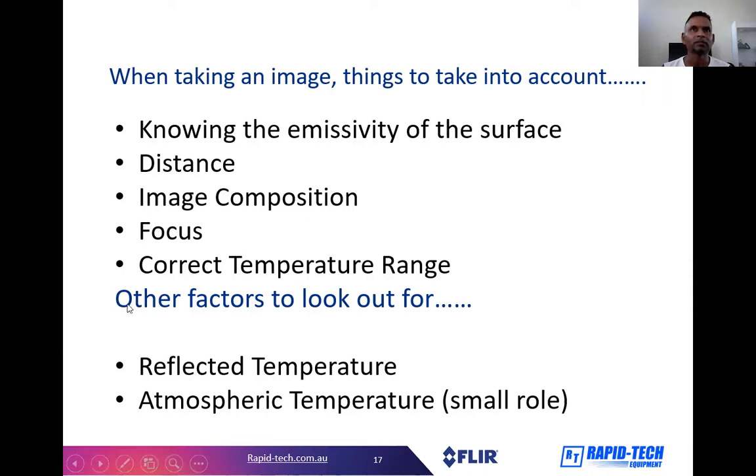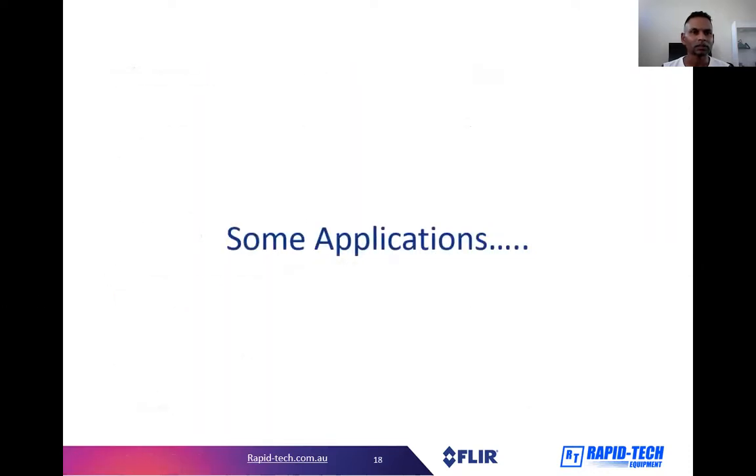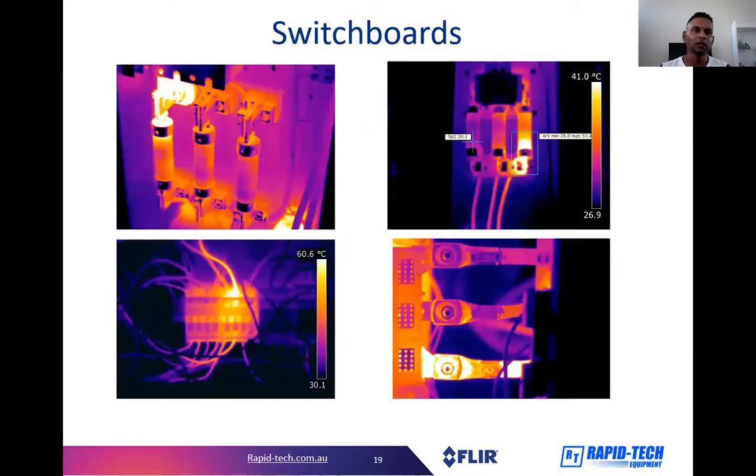So if we go to the next slide, I'm just going to go through some of the main applications. Thermal images can be used in a lot of applications, and there are always new ones that we come across every year. The main application, which pretty much started thermography, was electrical applications, used in switchboards.